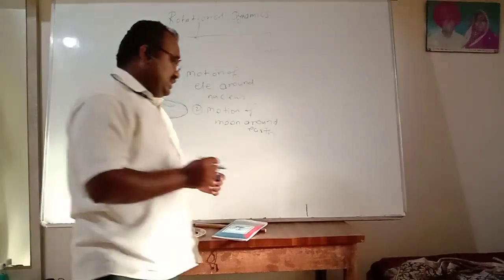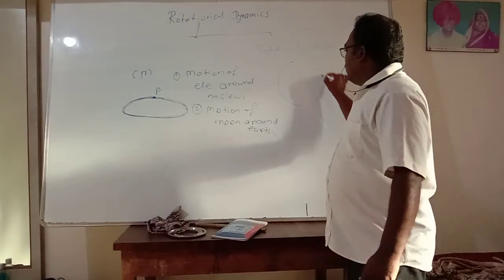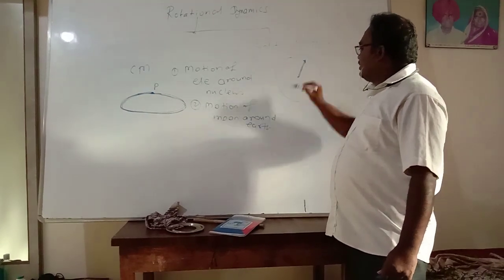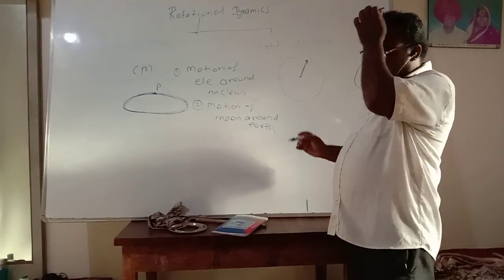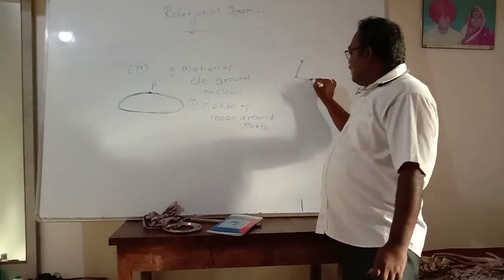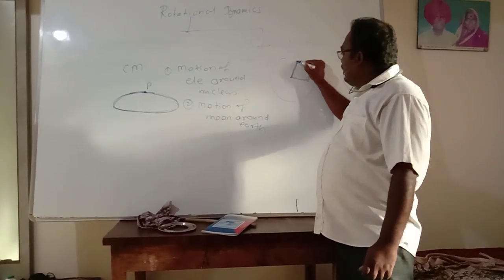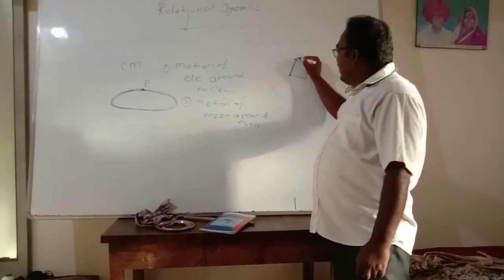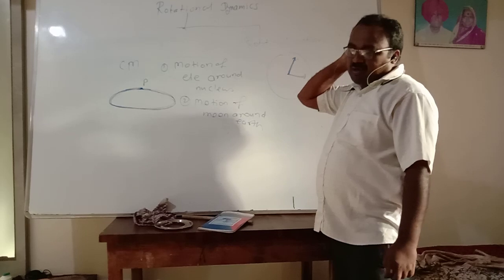If you consider the clock, suppose the minute hand or second hand is traveling from one point to another point, then the whole hand performs rotational motion, and the tip of the hand performs circular motion.